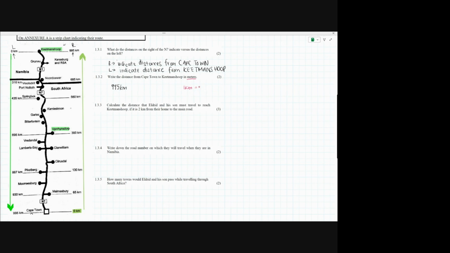How many meters are there in 1 kilometer? Is it 1,000? 1,000. Excellent. Good. So we've got 1,000 meters in 1 kilometer.